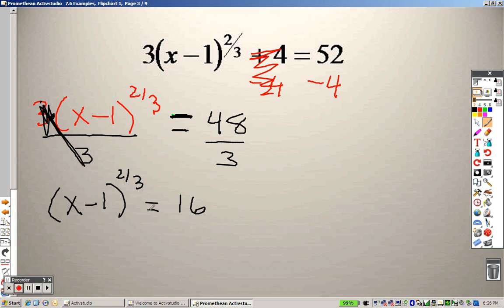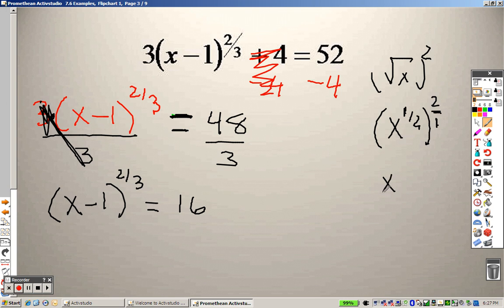Now, how in the world do I get that 2/3 out of there? Think about this: if you had a square root of x, you squared it. Look at it like this: x to the 1/2 is the same as a root. So 1/2 and 2, which you could also write as 2/1, are reciprocals of each other, right?